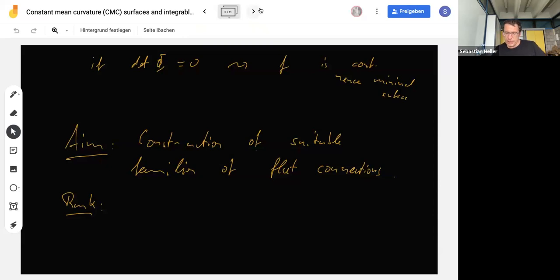But again, we can see this in this setup, because on a sphere, which is of course simply connected, there are not many different flat connections.